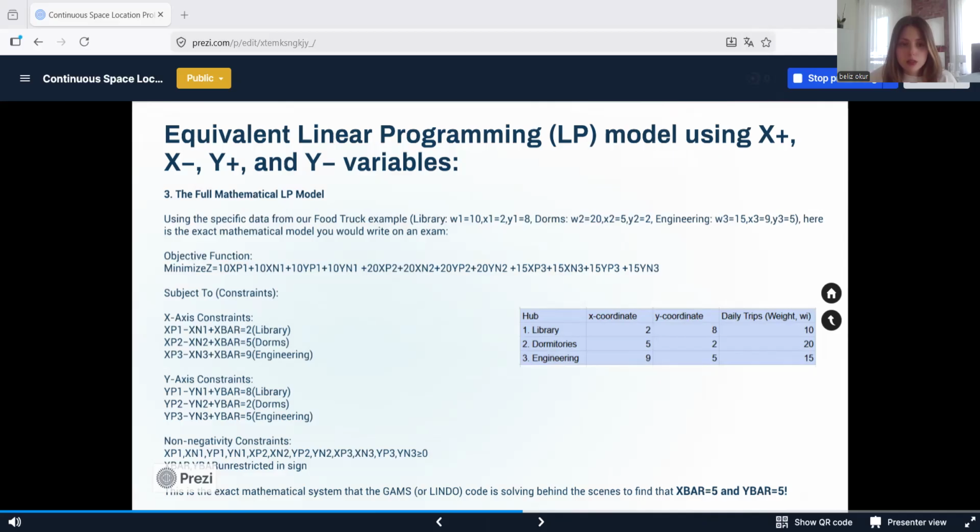This minimizes the cost and so on. Then we add our x-axis rules and y-axis rules. That says number cannot be negative. This is the exact math happening in the background. And again, we find x bar and y bar equals 5 and 5.